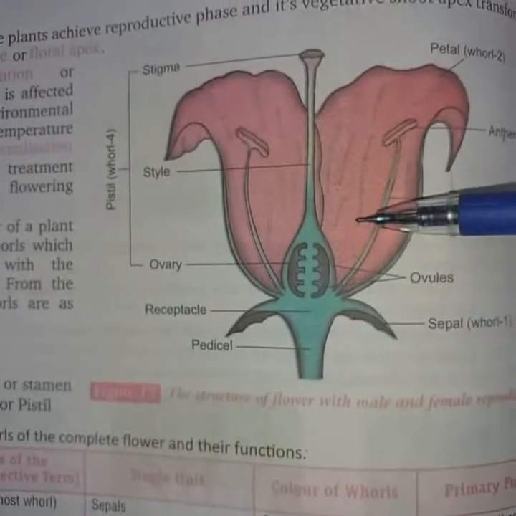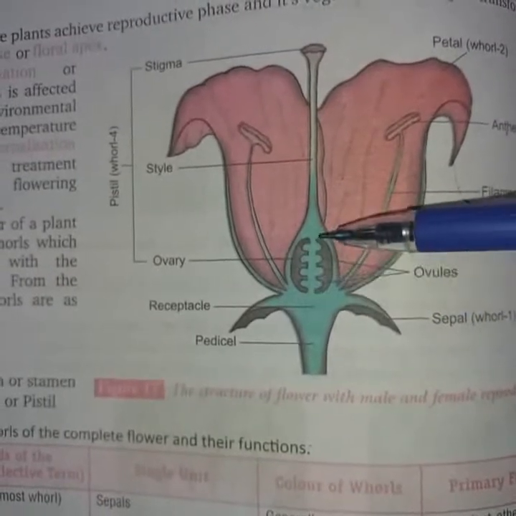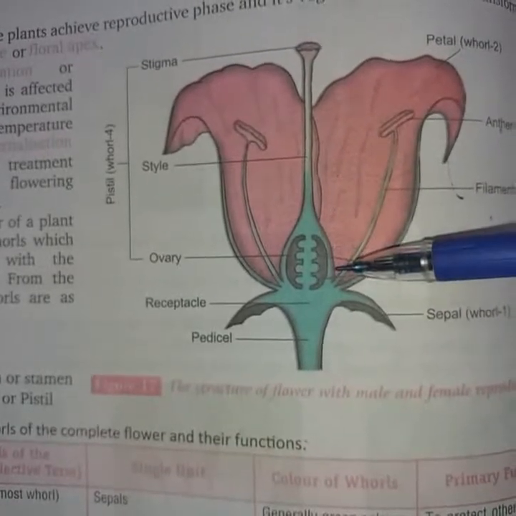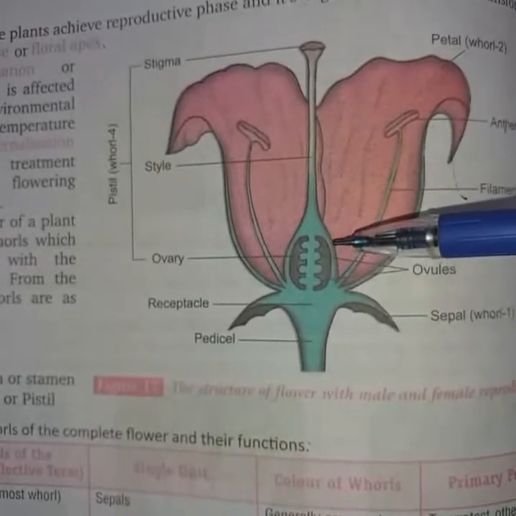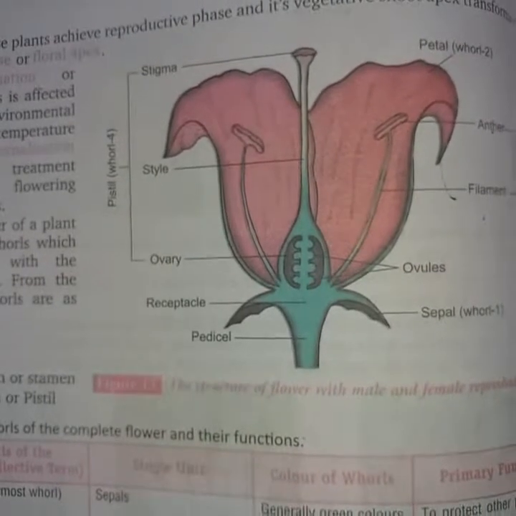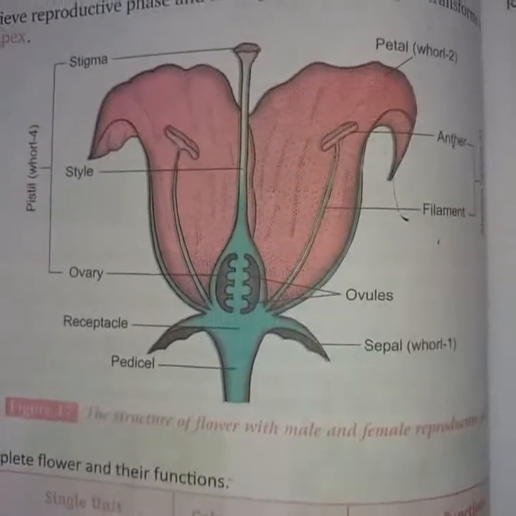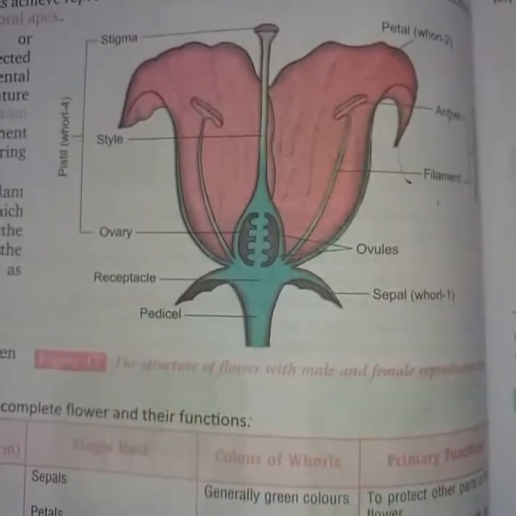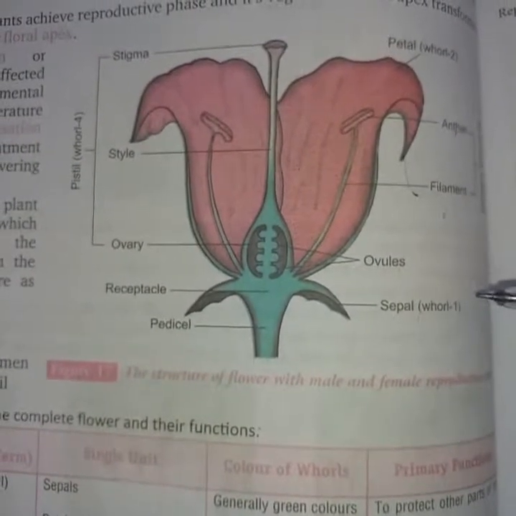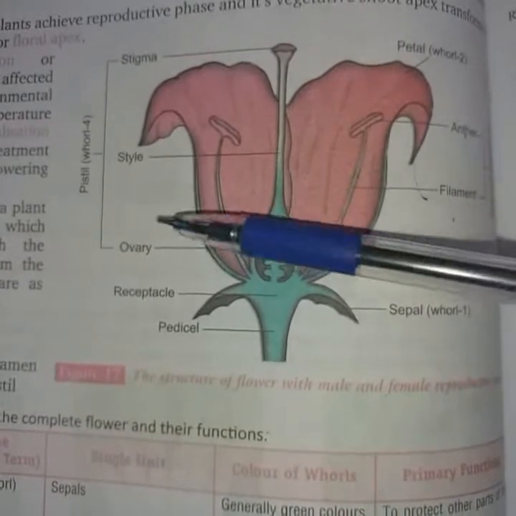Sepals and petals shape and cover this part. It is a very soft part, so it is protected by very hard coverings. In this structure, one word shows whorl 1, whorl 2, whorl 3 and whorl 4.